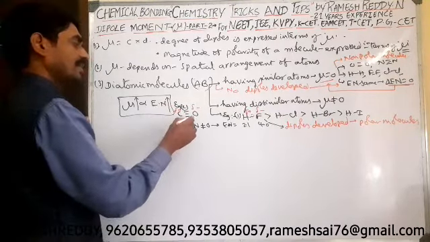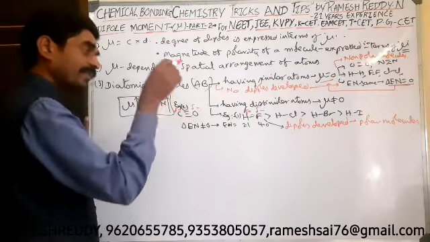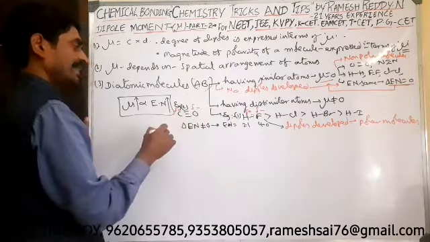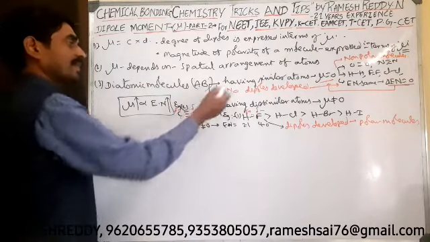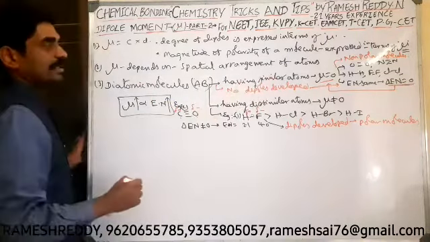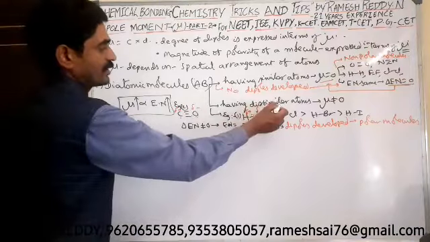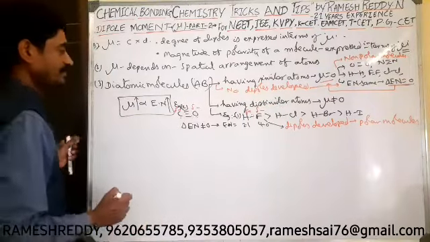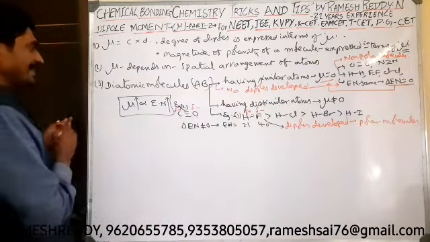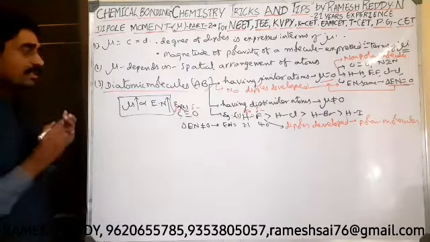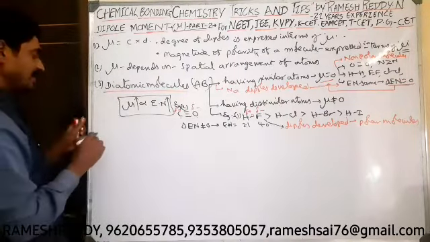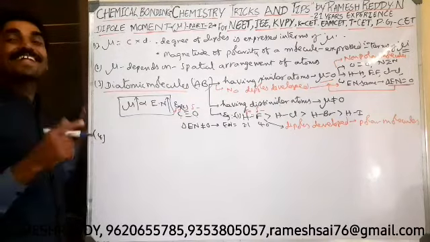That's why here also the dipole moment value is there. So it is also a polar molecule because the two atoms are different, dissimilar atoms, not similar atoms. Okay, next one. Diatomic molecules we did. Next, in the case of triatomic molecules.